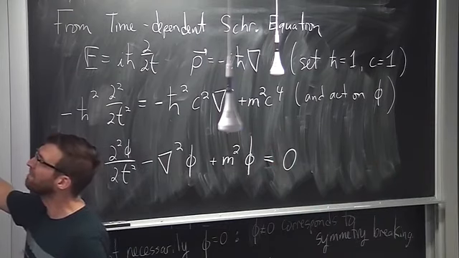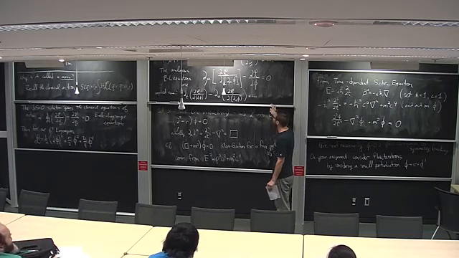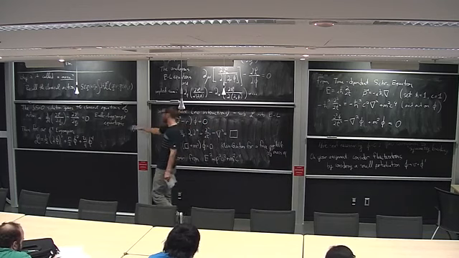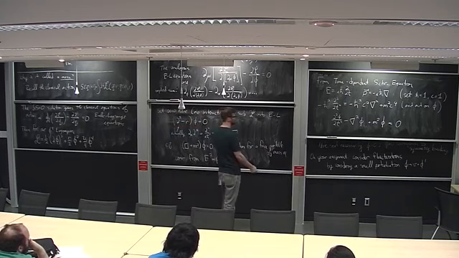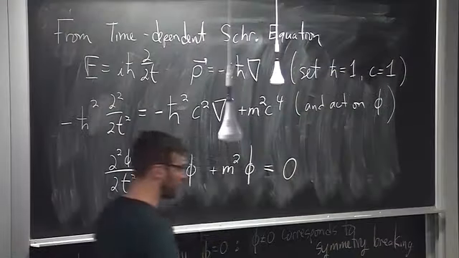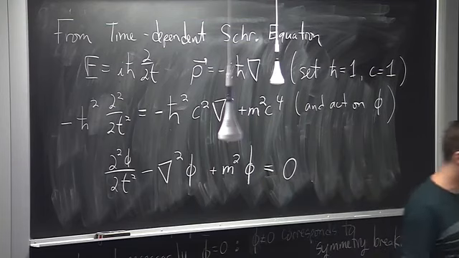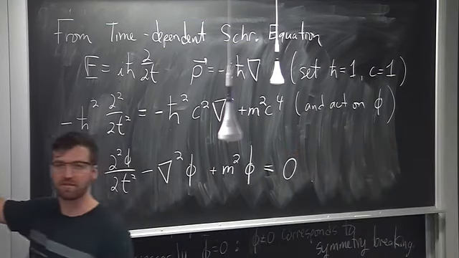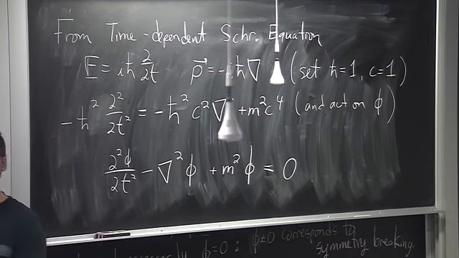But the point is that when you derive the equations of motion for the phi-4 theory, you get the Klein-Gordon equation, which I guess isn't surprising because you have Lorentz invariance built into this expression, right?